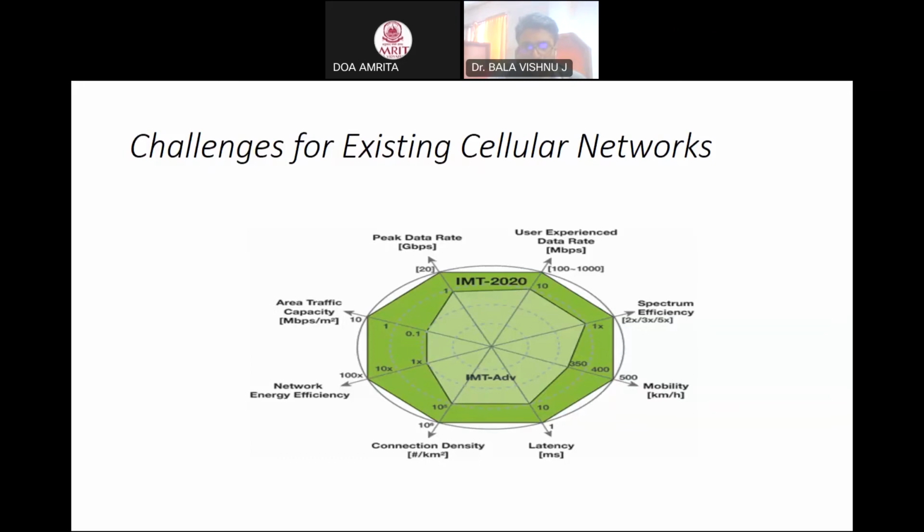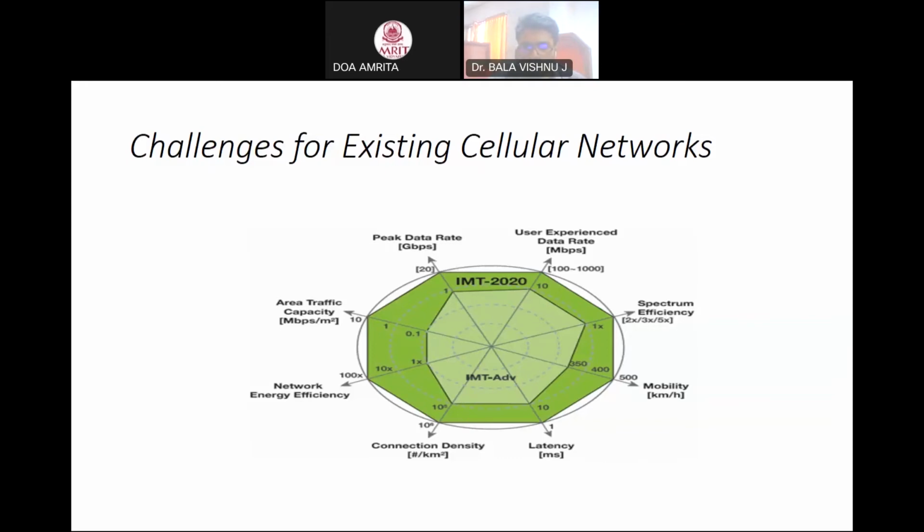And coming to data rate, currently they are having about 200 Mbps or about 100 Mbps. But what we are going to aim at is about 1 gigabit per second, that means 10 to the power 9 data rate. And coming to network energy efficiency, that means the ratio of the throughput divided by the energy consumed.